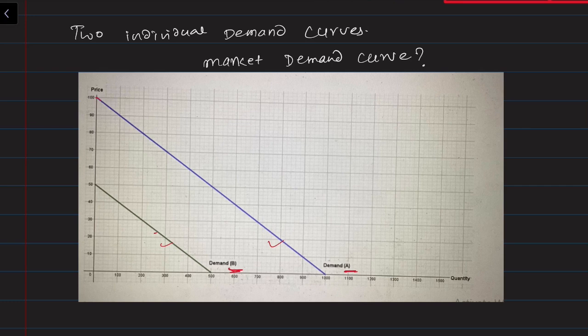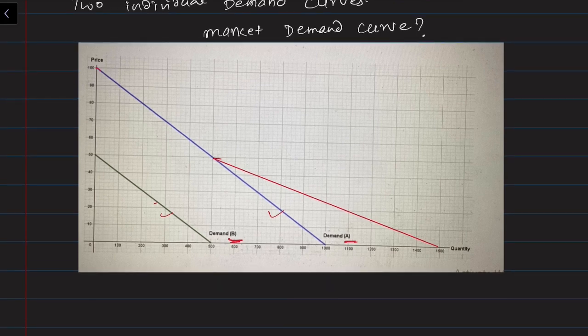I can draw a straight line joining this point and 1500, because on the horizontal axis 1500 is the sum of 500 and 1000.